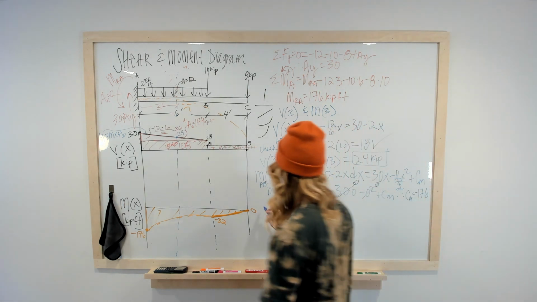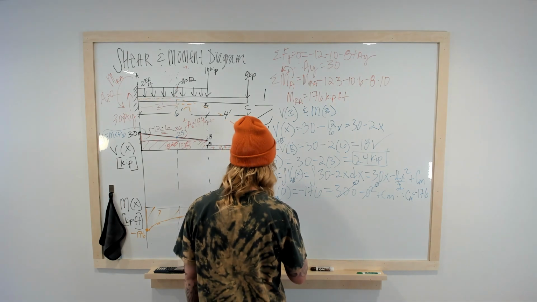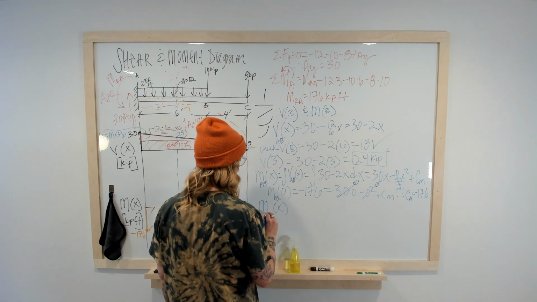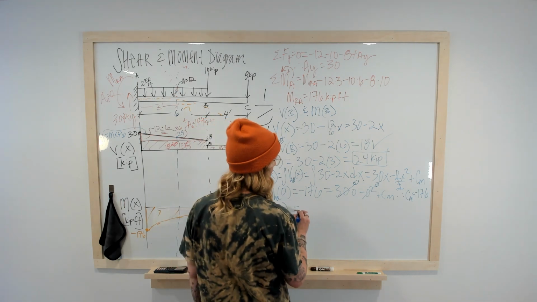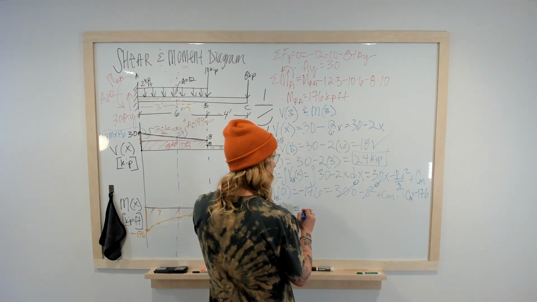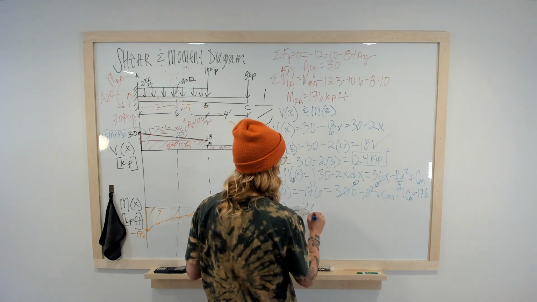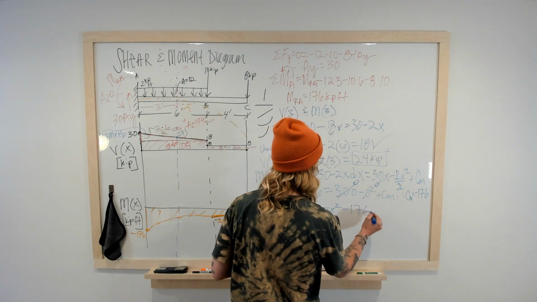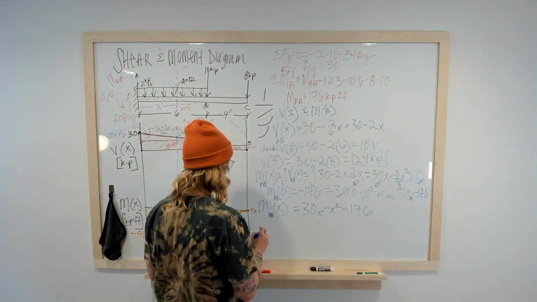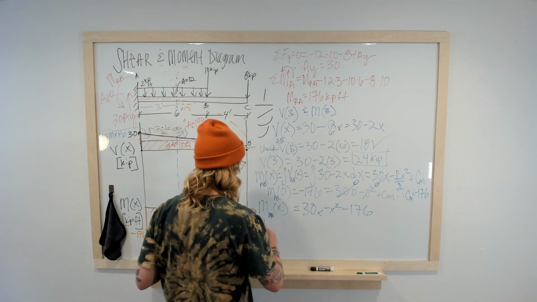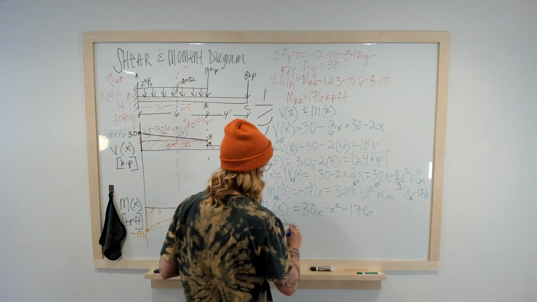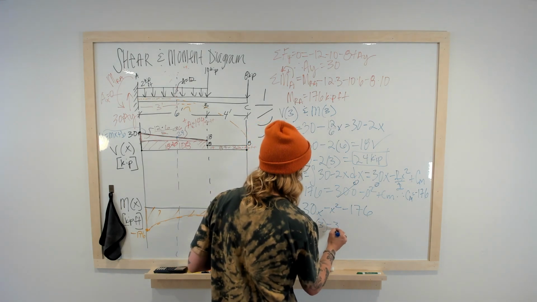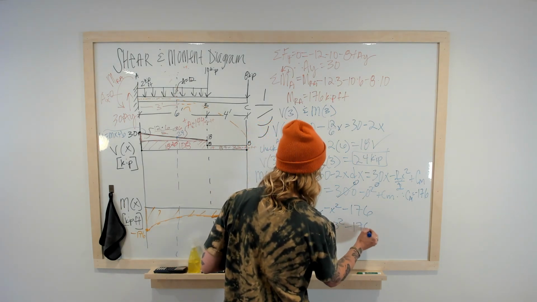So now I have my M of x between A and B is equal to, I'm going to rearrange this a little bit, well, it doesn't matter, 30x minus x squared minus 176. And we want to know 3. So M of 3 is equal to 30 times 3 minus 3 squared minus 176.